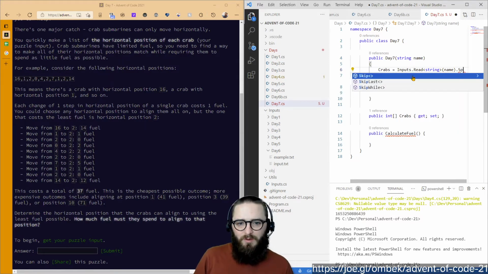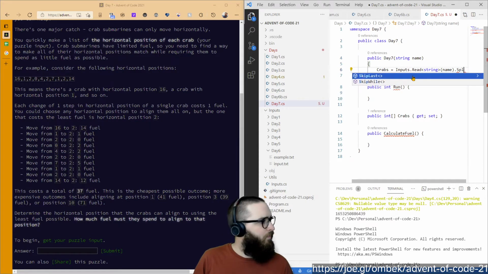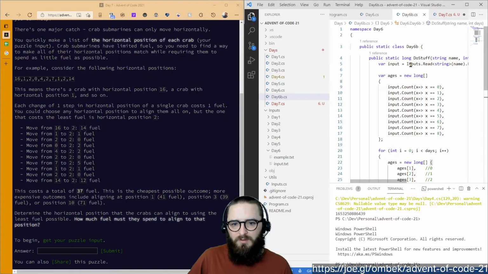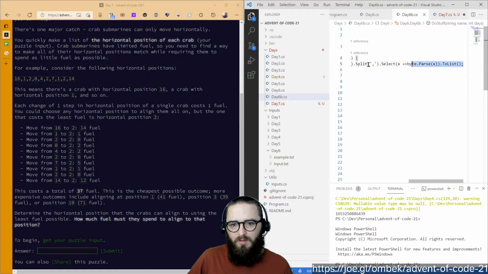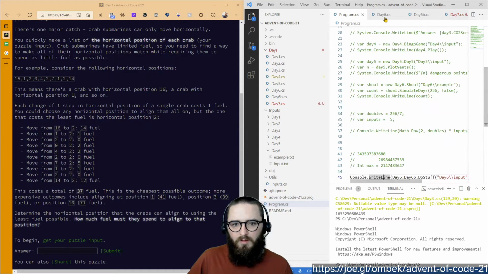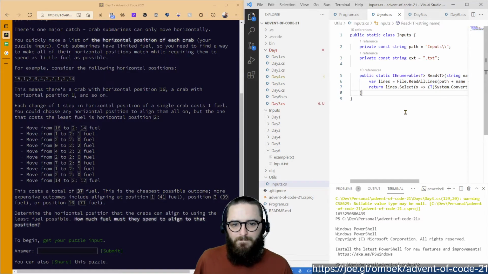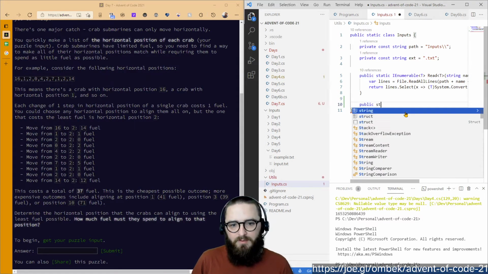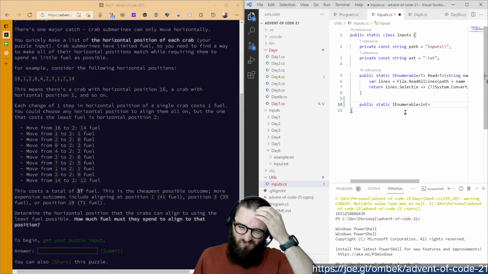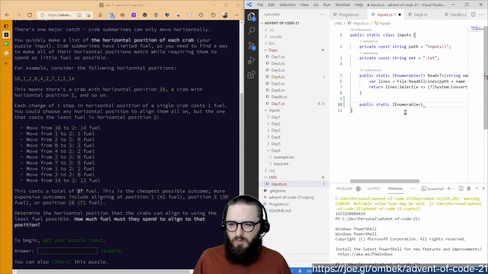And then we're going to go a good old split. You know what? I've written this so many times. I'm going to actually do a public static enumerable of int. How do I do a cast without knowing what it is?